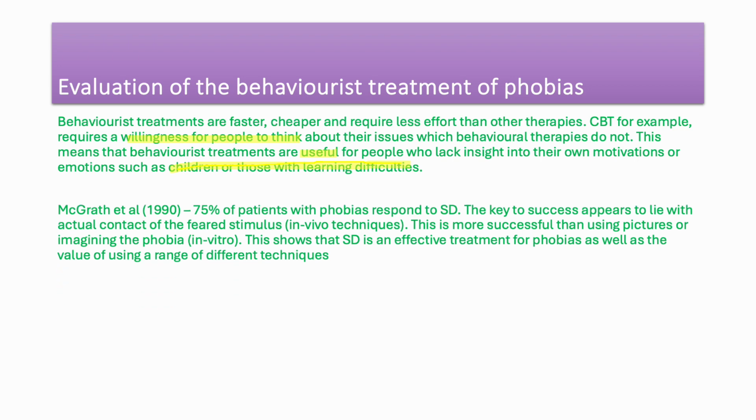You've got evidence from McGrath et al. in 1990 who found that 75% of patients with phobias responded to systematic desensitization. That is a very high percentage. That is a very successful treatment, therefore.